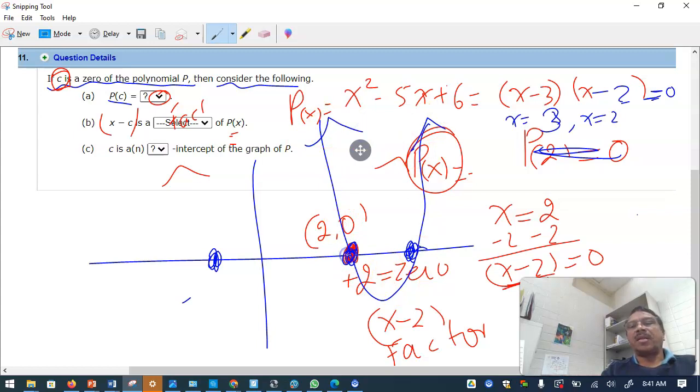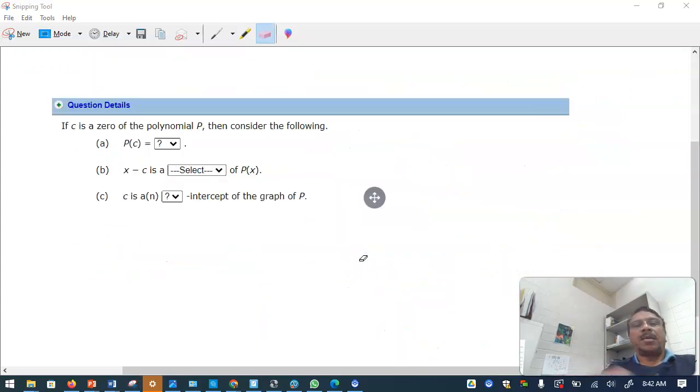The main thing I'm trying to say is that x minus 2 is a factor. Now what is c? It is the x-intercept, because the graph crosses the x-axis.